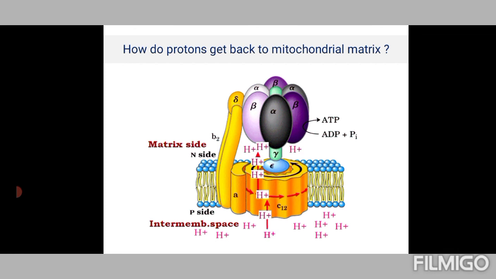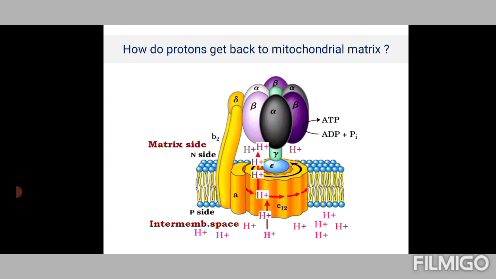Then further, uncouplers, which disrupt the coupling of electron transport and oxidative phosphorylation, as well as certain ionophores, which support leakage of H plus ions back to the matrix, are found to disrupt ATP synthesis. So these are the evidences which support the chemiosmotic theory by Peter Mitchell.